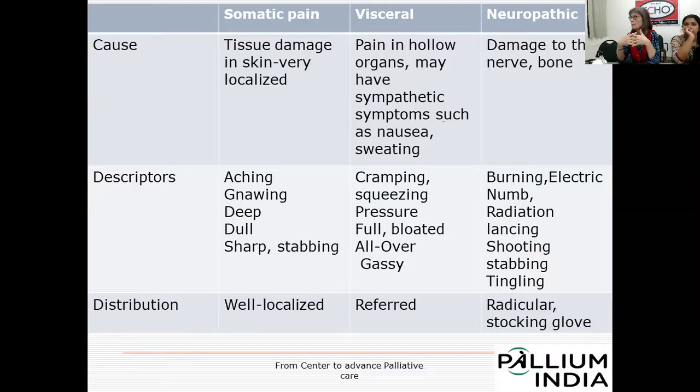And neuropathic pain, the cause is usually damage to a nerve or bone, and all those descriptors that you mentioned are there. In addition to being radicular, this is the classic neuropathic pain of sock and glove distribution that we see in patients with undertreated or even optimally treated diabetes.